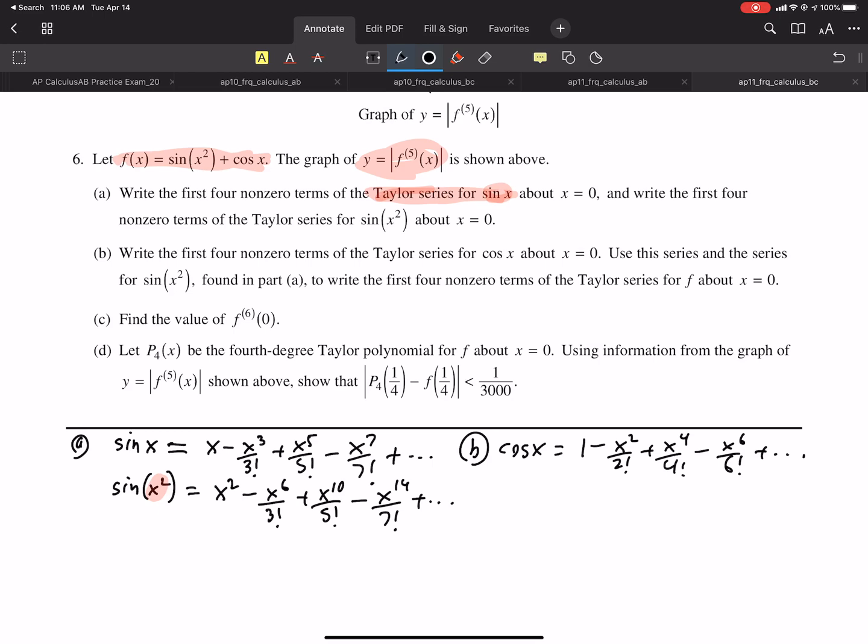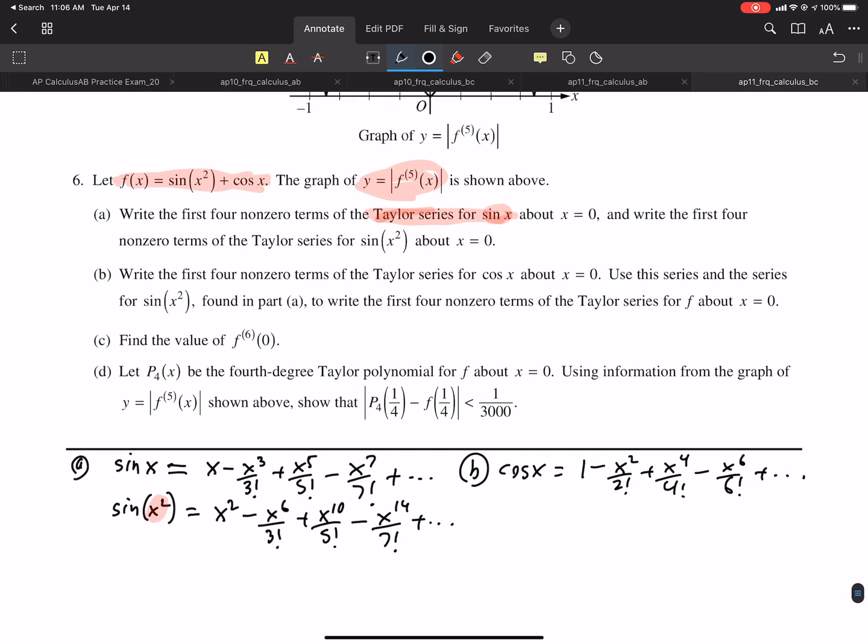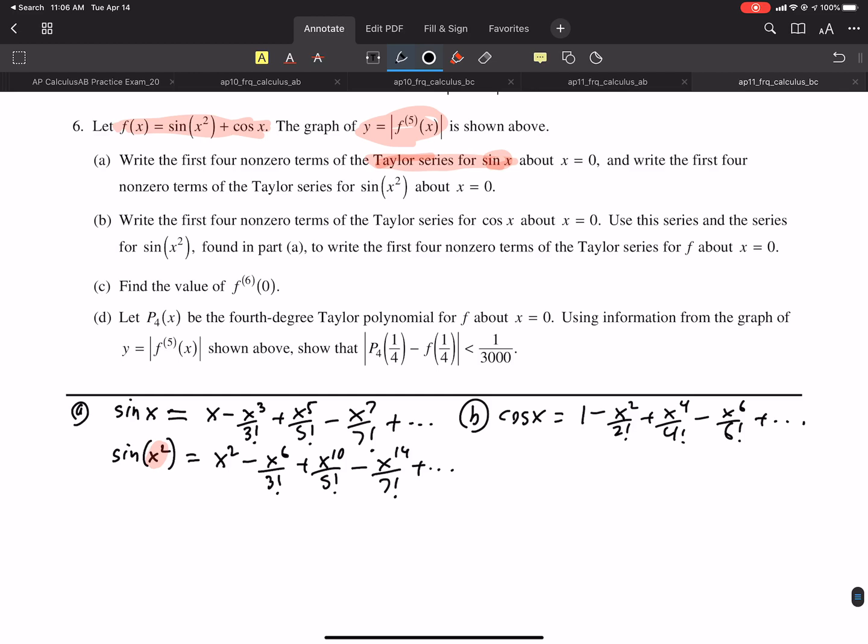Okay, so we have to combine these two series to get our f of x series. So f of x equals sine x squared plus cos x. So for the Taylor series for that, you're going to combine this and that. And how many do they want? The first four terms.